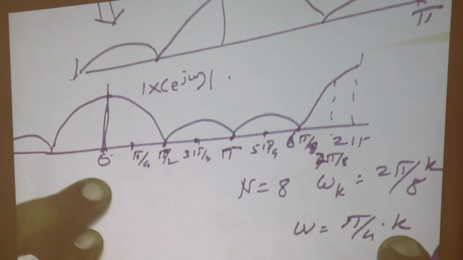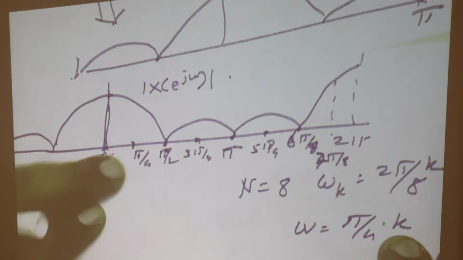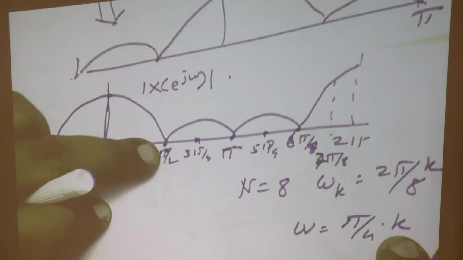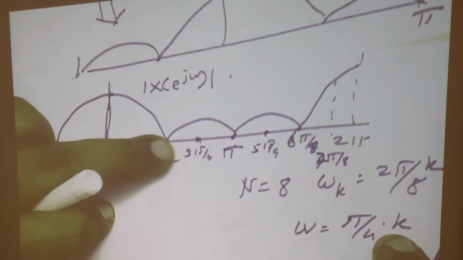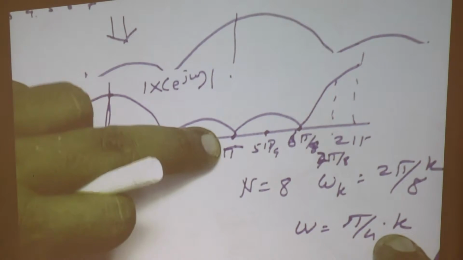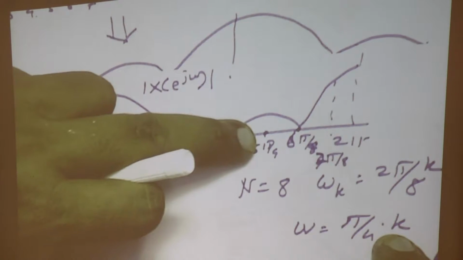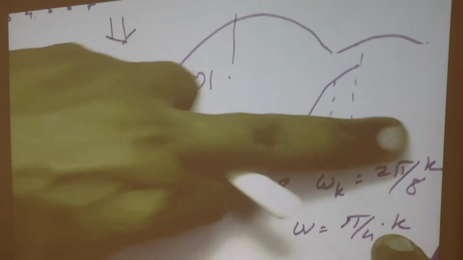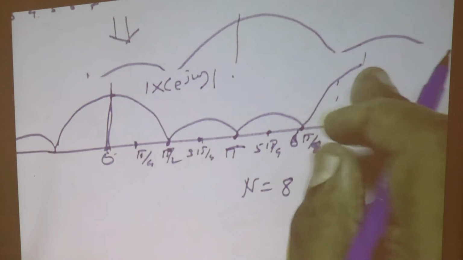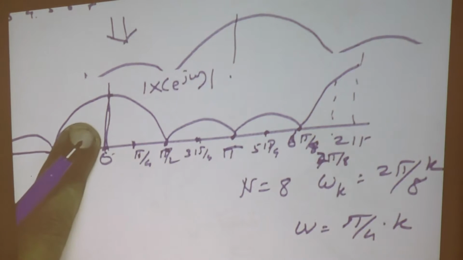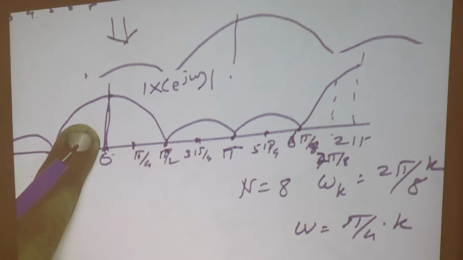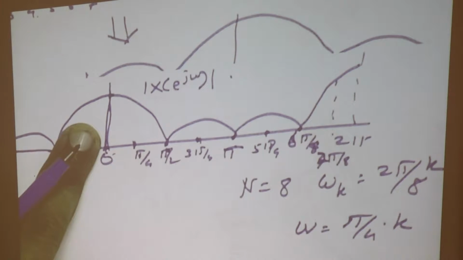So, when k equal to 0, it is 0, when k equal to 1, it is pi by 4, k equal to 2, it is pi by 2, k equal to 3, 3 pi by 4, k equal to 4, 4 pi by 4, which is pi, 5 pi by 4, 6 pi by 4, 7 pi by 4 and 8 pi by 4. 8 pi by 4 is not to be considered because that is a repeating value. That is the same value as k equal to 0. So I have to vary k from 0 to 7.